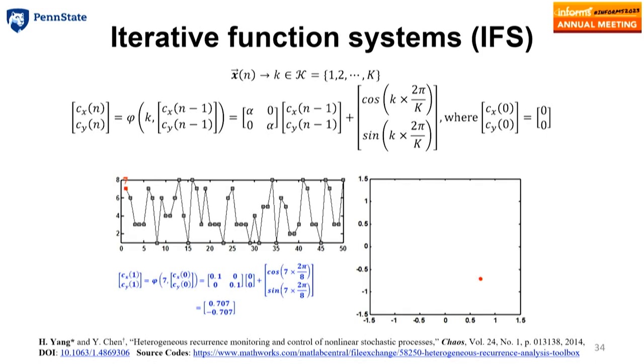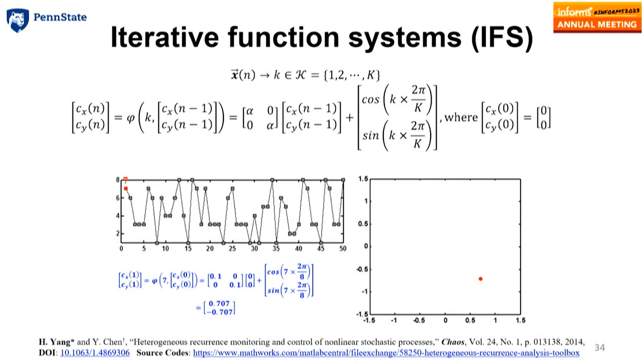So let's have a look at this example. On the y-axis, you see here we have 1, 2, 3, 4, 5, 6 to 8. We have 8 areas or 8 regions in the state space. Now when the system is evolving in the state space and gets into region 7, I give it an address.